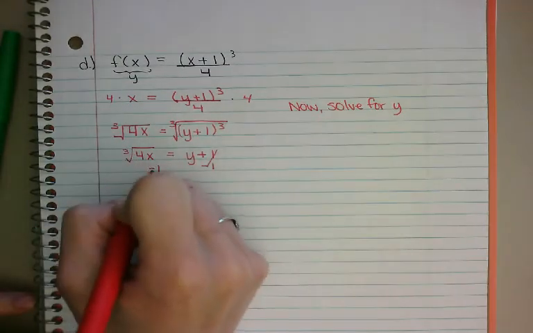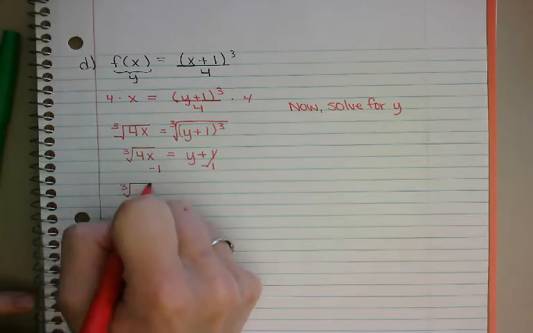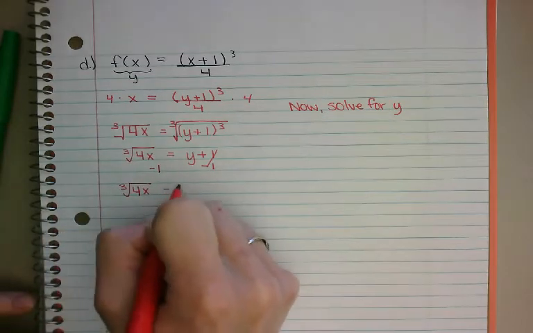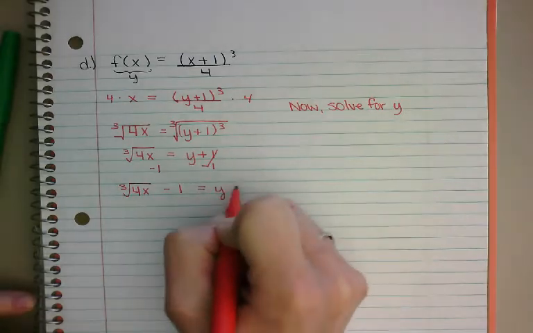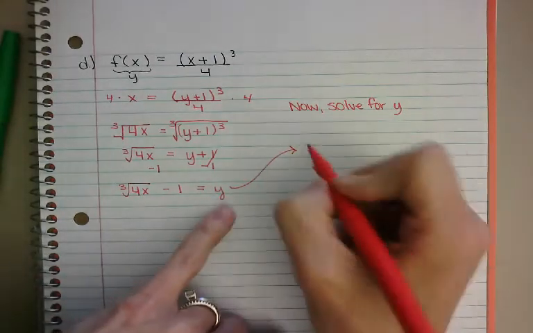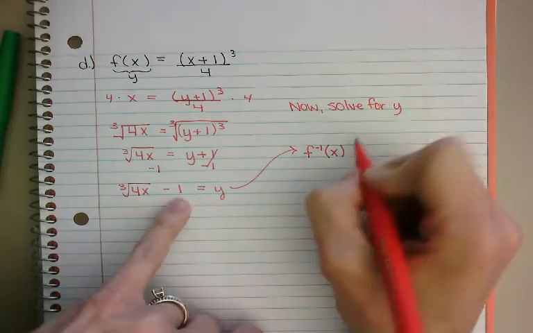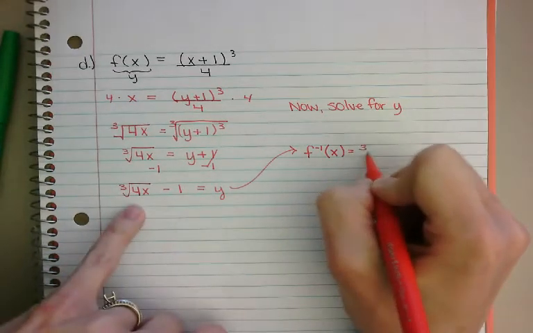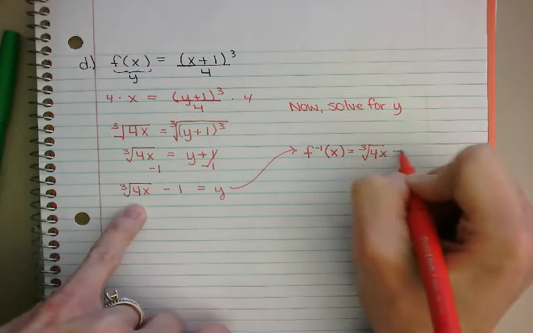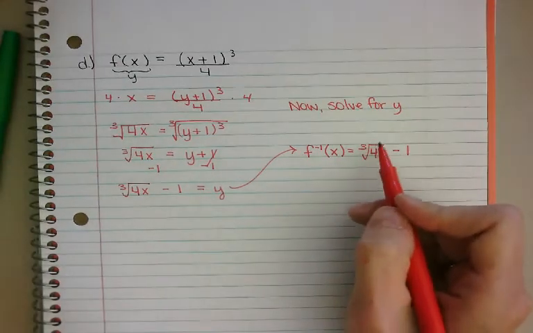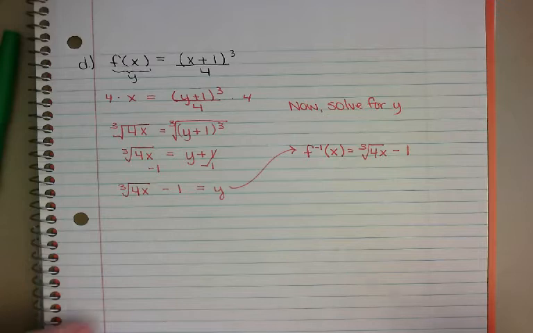These are not like terms, so my answer is the cube root of 4x minus 1 equals my y. And then we're going to replace our notation with the inverse of the function, equals the cube root of 4x minus 1. Make sure that minus 1 doesn't look like it's underneath that root symbol.